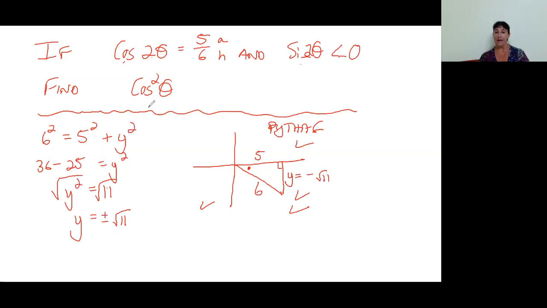Now I need to find cos squared theta, not 2 theta. The problem here is that this angle is not the angle that was used to construct this triangle. This was a 2 theta angle. So you have to think of the double angle formula: cos 2 theta equals 2 cos squared theta minus 1.